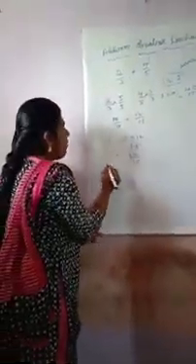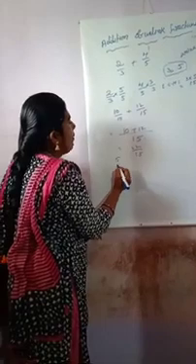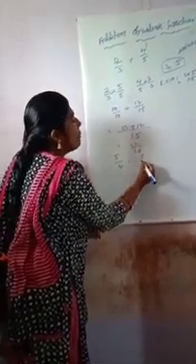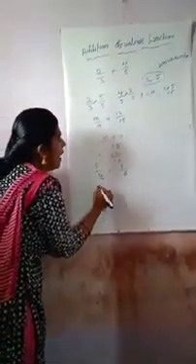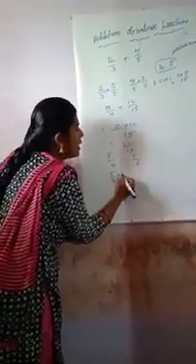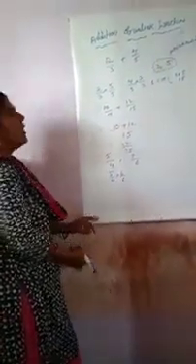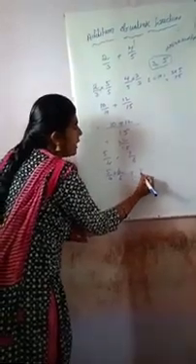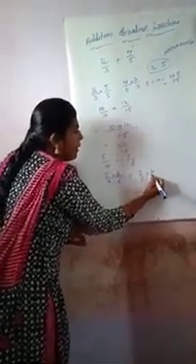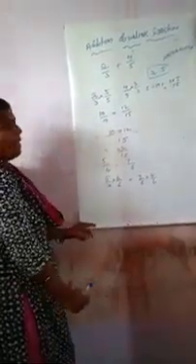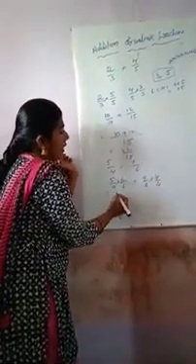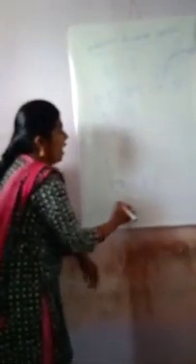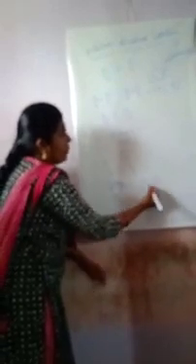See now, next example. One more example, children: 5 by 4 plus 7 by 6. Okay. First step: multiply 5 by 4 by 6 by 6, and multiply 7 by 6 numerator and denominator by 4. 6 5s are 30, 6 4s are 24, plus 7 4s are 28, 6 4s are 24.